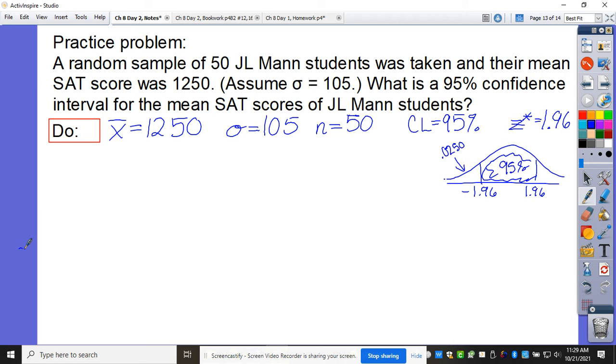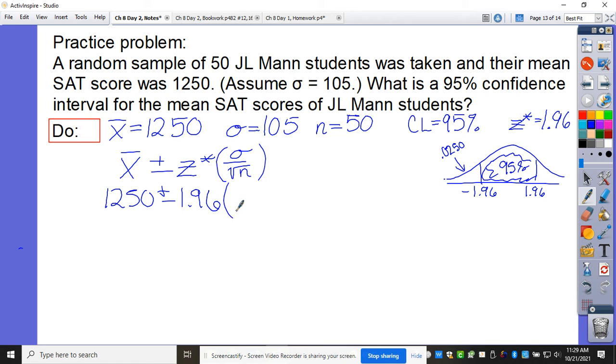So the equation I'm using is starting with what? All right, so what is our X bar? What is Z? What's sigma? Divided by square root.